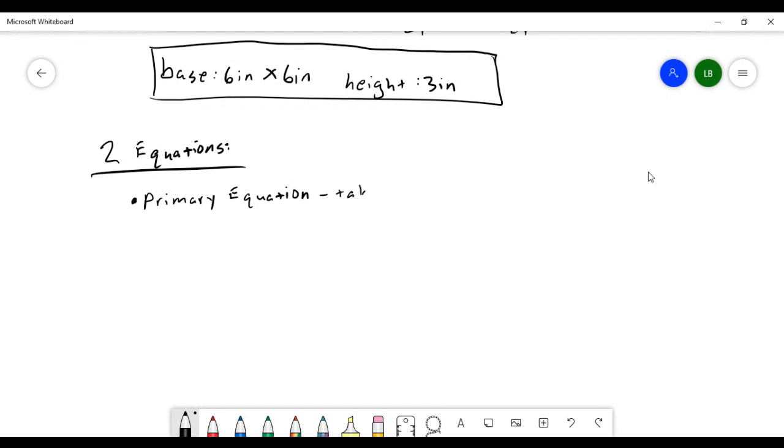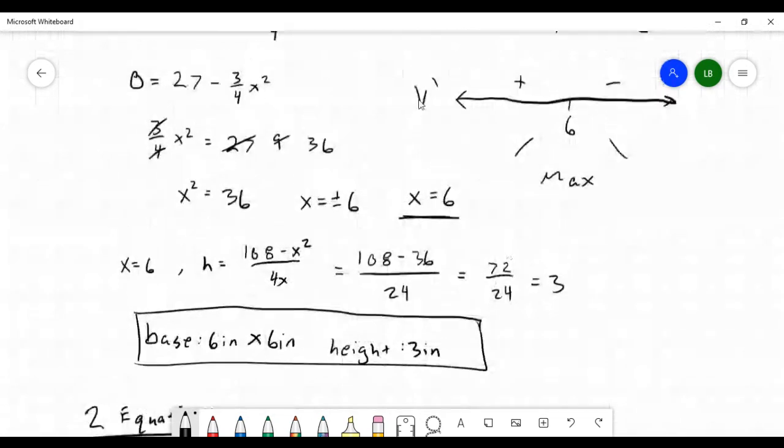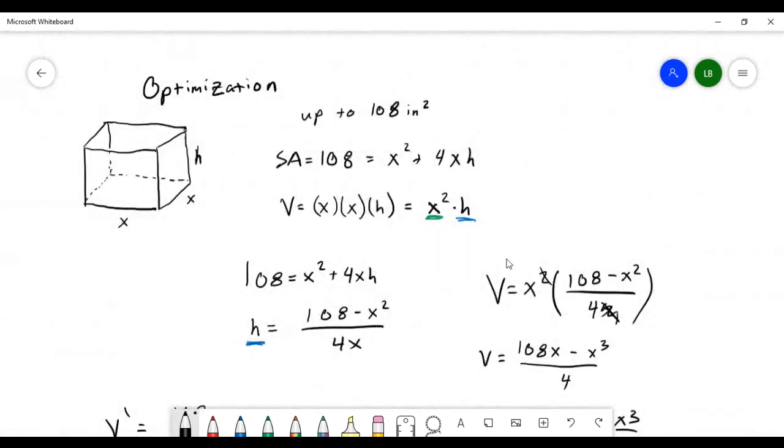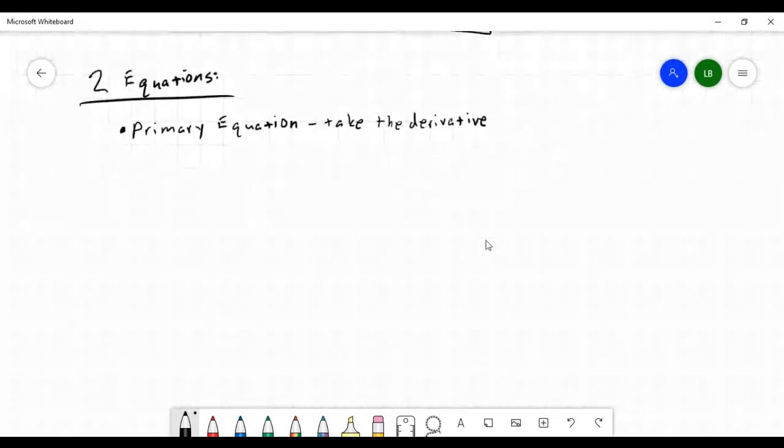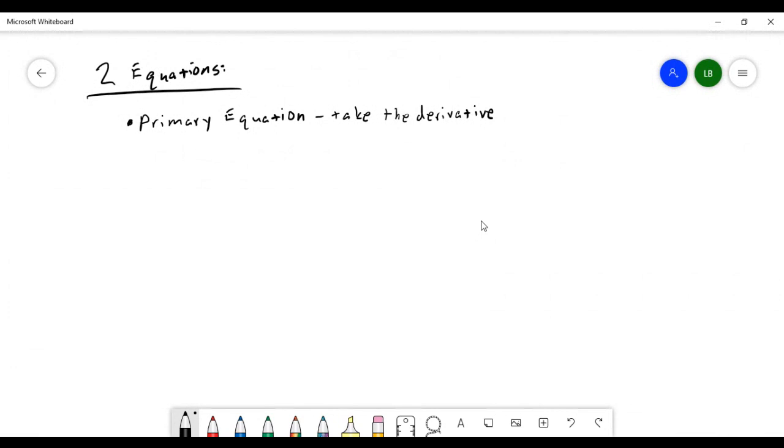So in the previous example, our primary equation was this volume equation right up here. We took the derivative of volume because volume was what we were trying to optimize. That's how you can tell which one is the primary equation. It has the value you're trying to optimize.